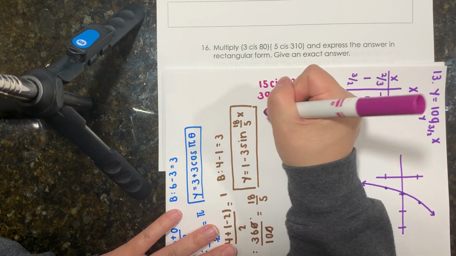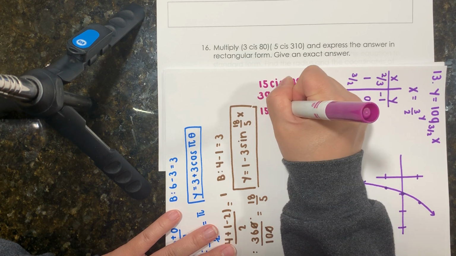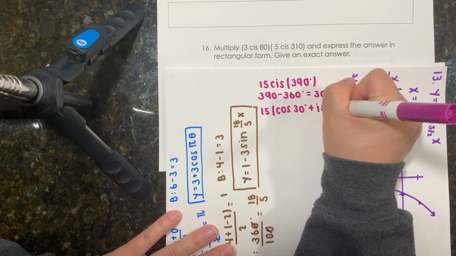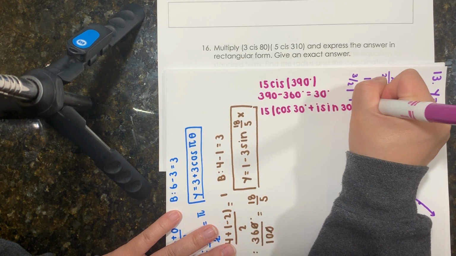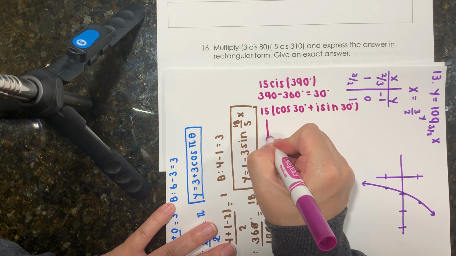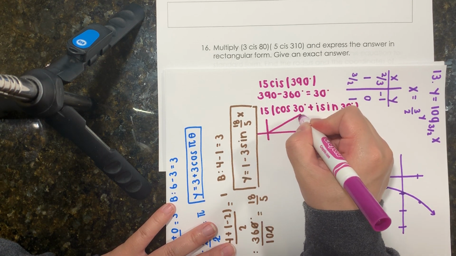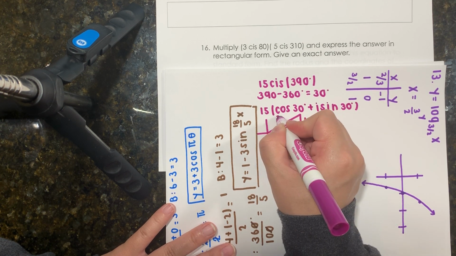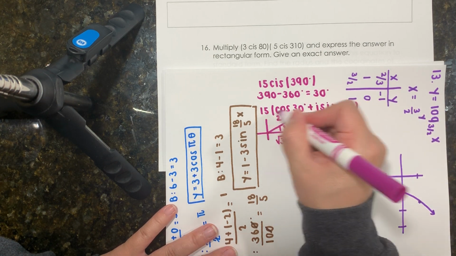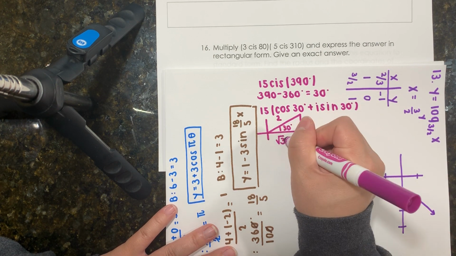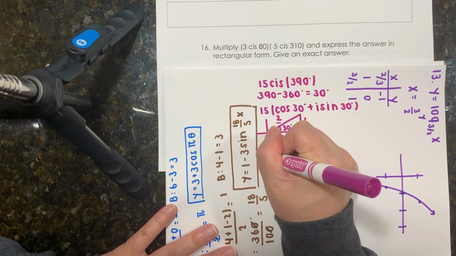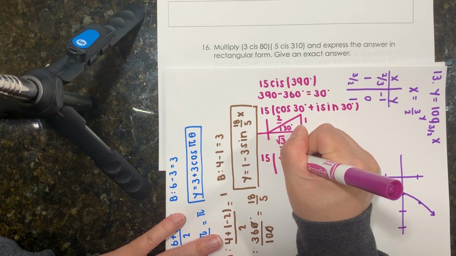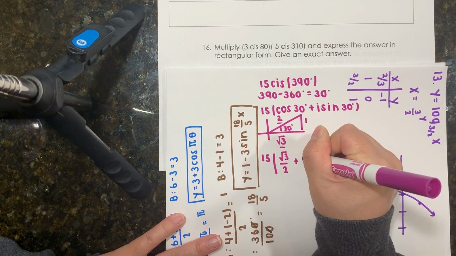When I expand CIS, I get 15 cosine of 30 plus I sine of 30. 30 degrees is a reference triangle in quadrant 1 with a 30-degree angle. The adjacent is √3, the opposite is 1, and the hypotenuse is 2. So if I'm evaluating this right here, the cosine of 30 degrees is adjacent over hypotenuse. So that would be 15 times √3/2 plus I sine.